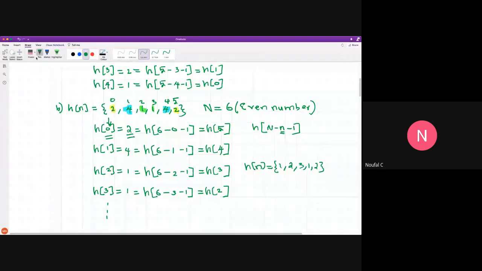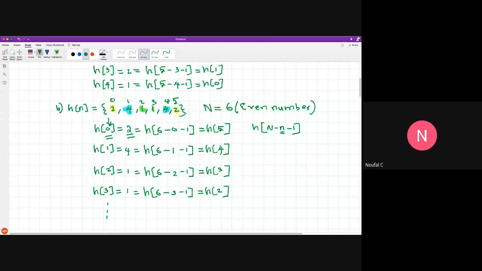If it was a linear phase filter, then this and this must be equal. That is not equal in this case. This point and this point must be equal. That is also not equal. And this 3 is a single point or a lonely point, so we don't want to consider it. So that says that a linear phase filter should be symmetric with respect to its center point. That is the takeaway from this particular discussion.